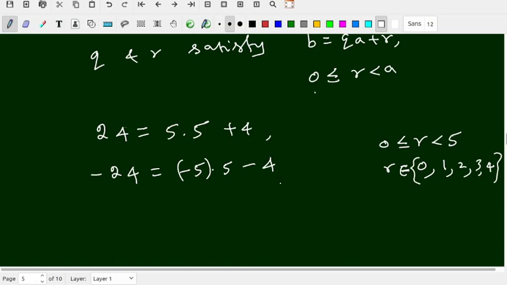So for that what we are going to do is add and subtract 5 here. So minus 5 into 5, so minus 4 plus 5 minus 5. If I add this minus 4 with the 5, I have plus 1.